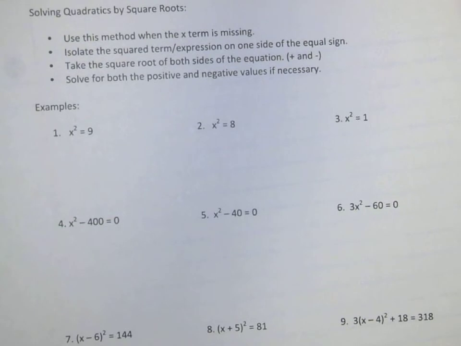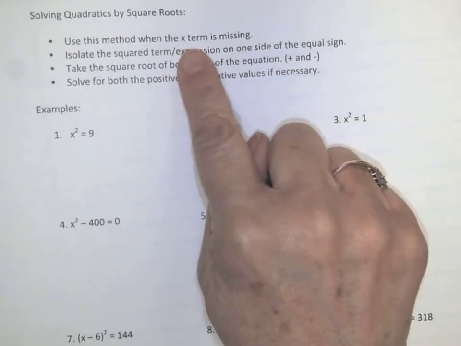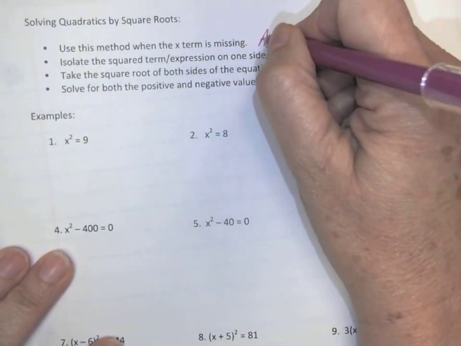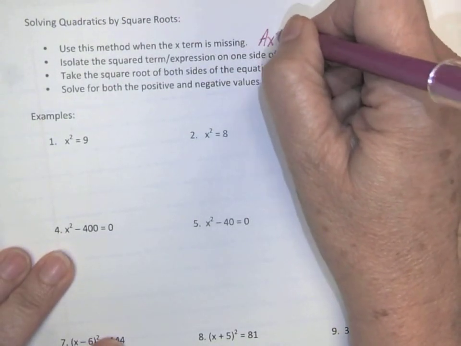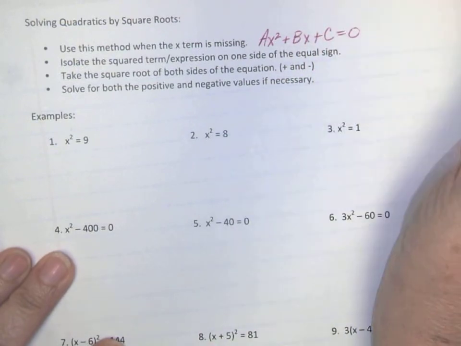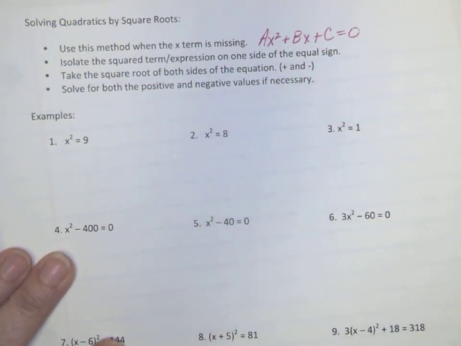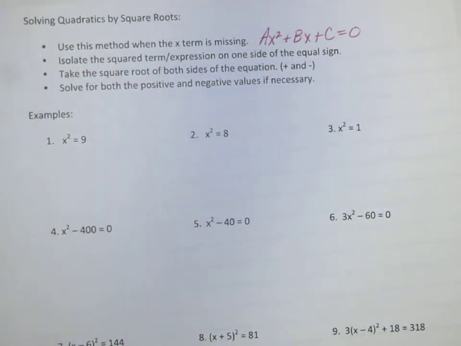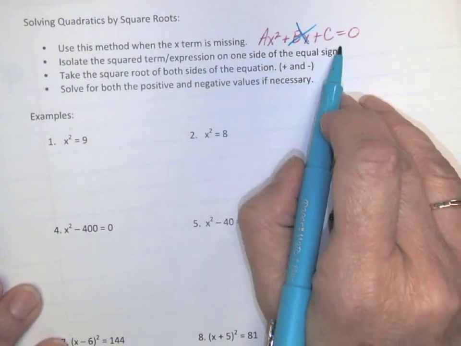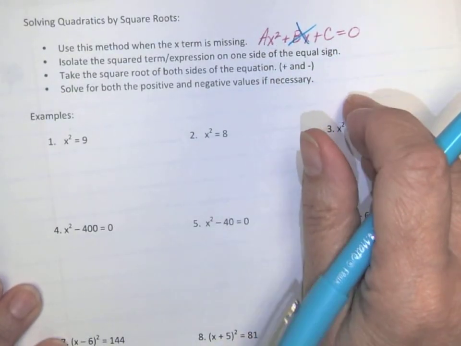You use this method when the x term is missing. We talked about how the standard form of a quadratic is ax squared plus bx plus c equals 0. When you don't have that bx term, when all you have is an x squared term and a constant, that's when you want to use this method.